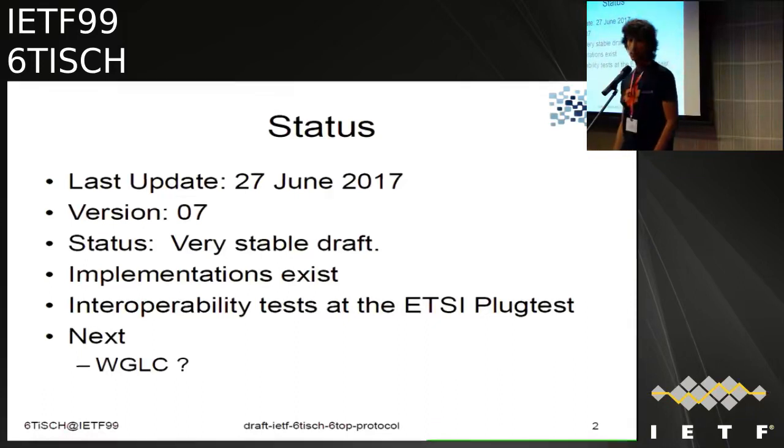We've tested 5 different implementations at the 6TiSCH plugtest, on the ETSI plugtest last Friday and Saturday. My goal today is just to summarize what we've been doing in the last month and maybe ask for the working group last call.